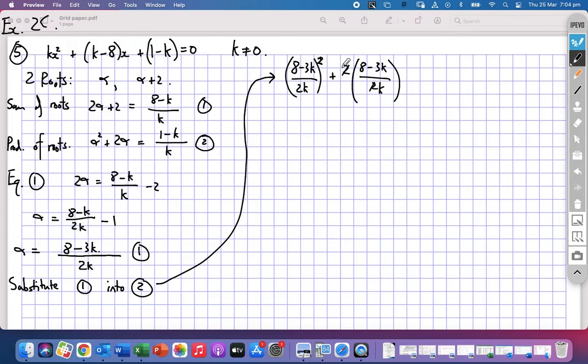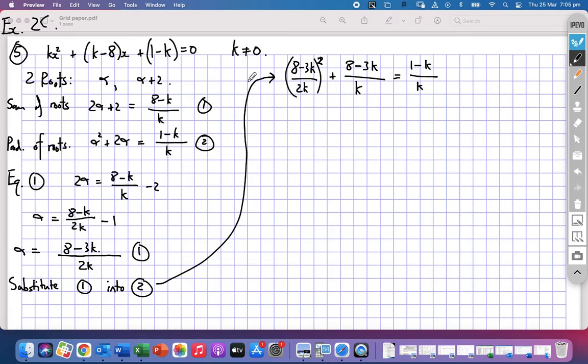Yeah, so 2 times this one here. We got 2 times this. So we'd end up with 2, yeah, okay. So I'm going to rewrite that just mostly because I have a lack of space. Right. So we get 8 minus 3k on k after it's been times by 2. And that equals 1 minus k on k.